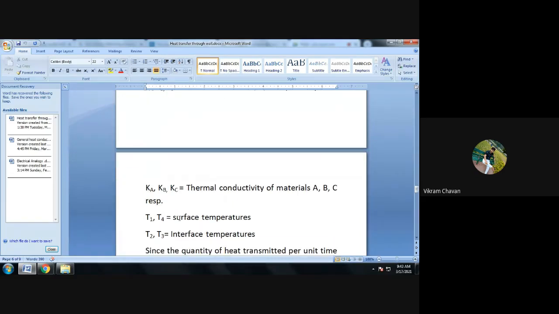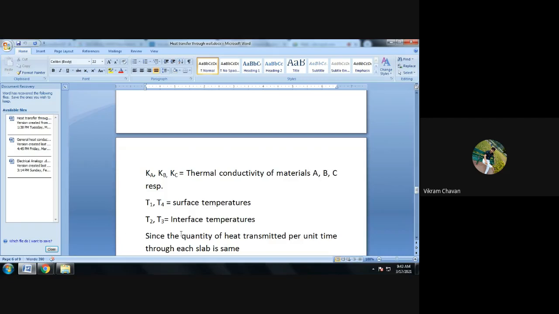Then we have discussed that T1 and T4 are the surface temperatures. The exterior wall temperatures are nothing but T1 and T4, which will be considered as the surface temperatures, and T2 and T3 are the interface temperatures.